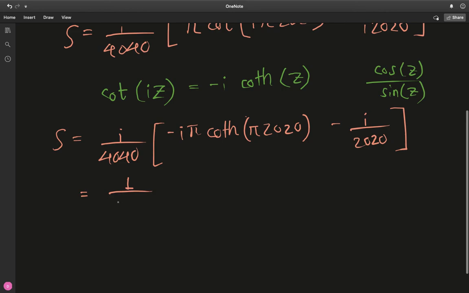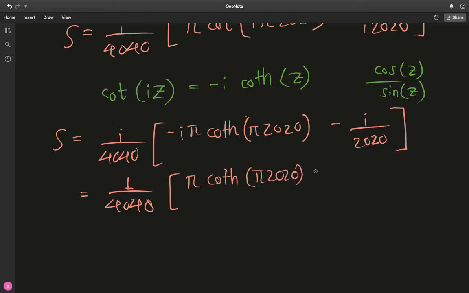So we just have 1 over 40 times pi times coth of pi times 2020 plus, now because we factorized everything out, 1 over 2020.